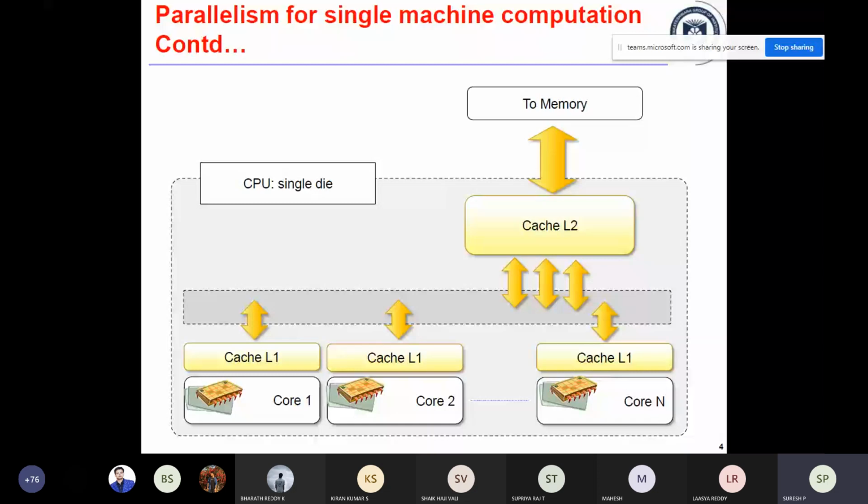So if more instructions are there, it will take more time, depending upon the program you are going to run.